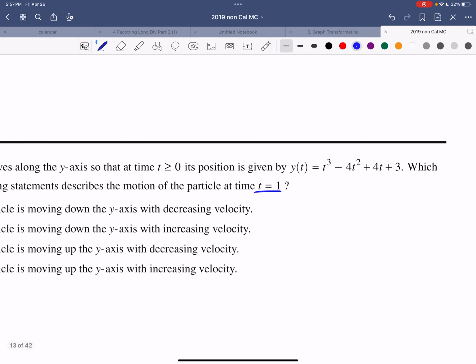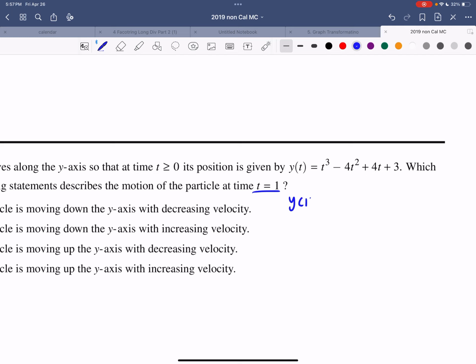If I plug in 1, that's 1 to the third power minus 4 times 1 squared plus 4 times 1 plus 3. So it's going to be 1 minus 4 plus 4 plus 3, which is equal to 4. And that's positive, right? Which means it is still positive. So that's the upper position, okay?